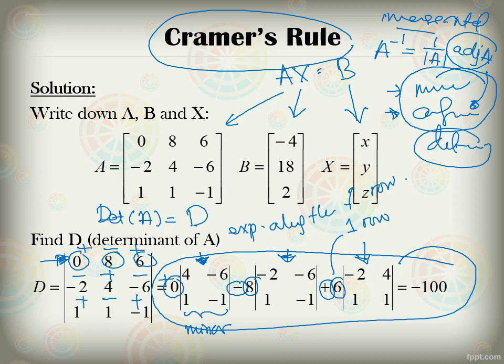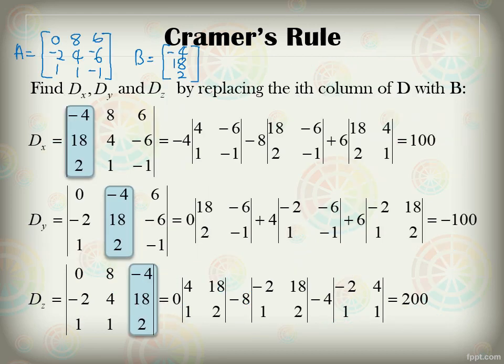So just straight away determine which column or which row you want to expand, and then find the minor and cofactor all at once. The next step, after finding the determinant D for matrix A, is to find the determinants for our x1, x2, x3, or in this example x, y, z.